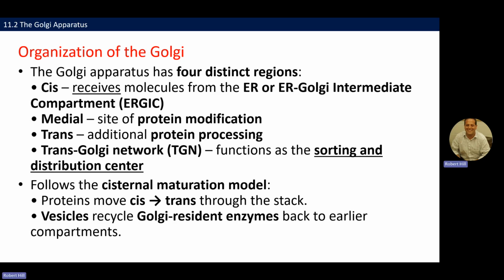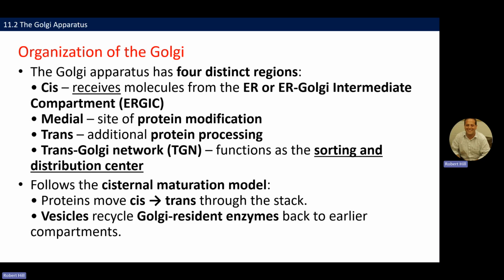Okay, so cis and trans are not the only regions, though. There are multiple medial compartments which aid in protein modification, specifically those post-translational modifications like glycosylation. And then after the medial, you have the trans region, and then finally the TGN, which is the trans Golgi network, which is the final sorting and distribution center.